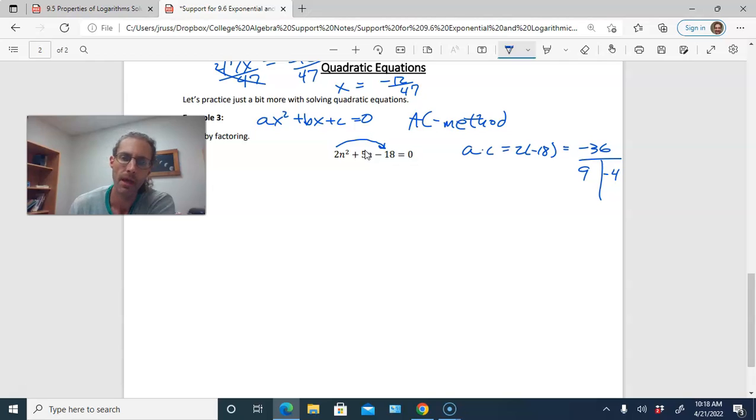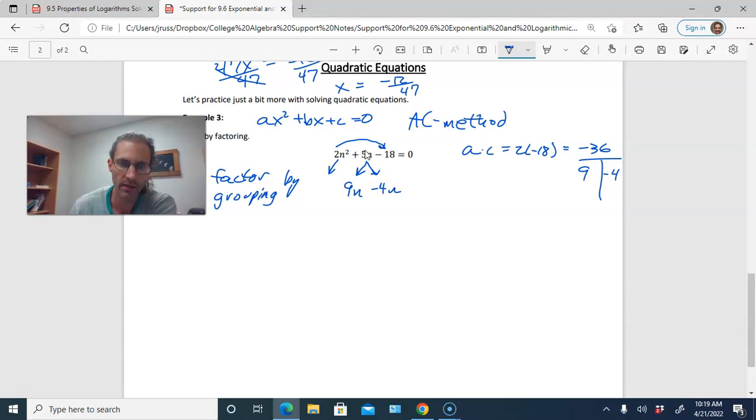Okay? And so what you do at this point is a technique that we call factor by grouping. Okay, because what we do is we rewrite or rename the middle term. Instead of writing 5n, we write 9n minus 4n, because 9n minus 4n is still 5n.